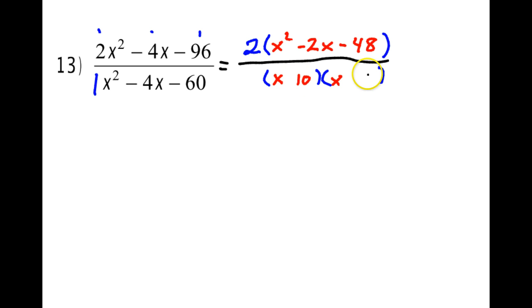Okay, so 10 and 6, what are the signs? Negative, positive. So negative 10 plus 6 is negative 4. Negative 10 times 6 is negative 60.